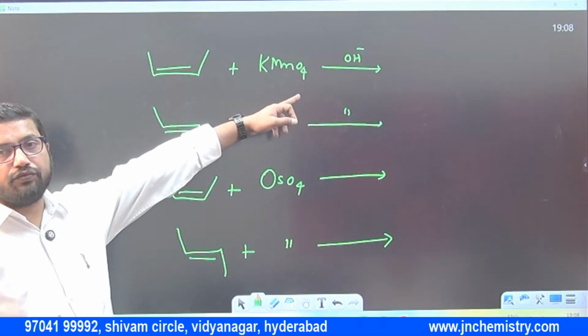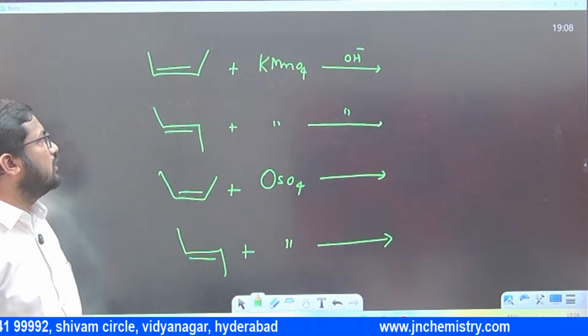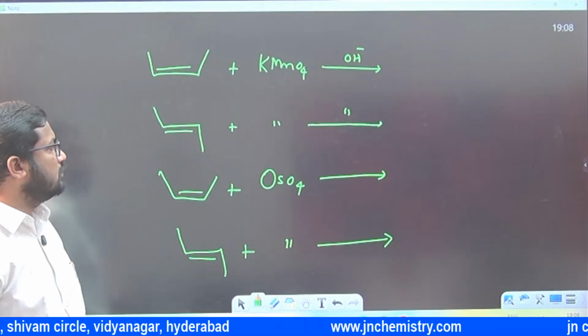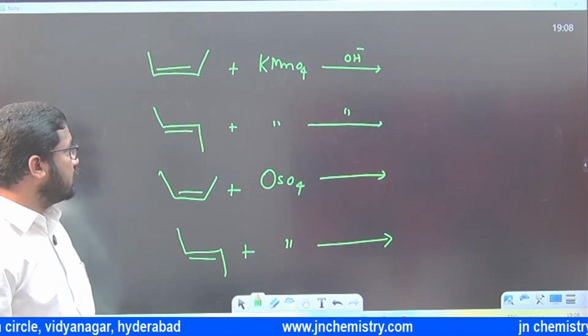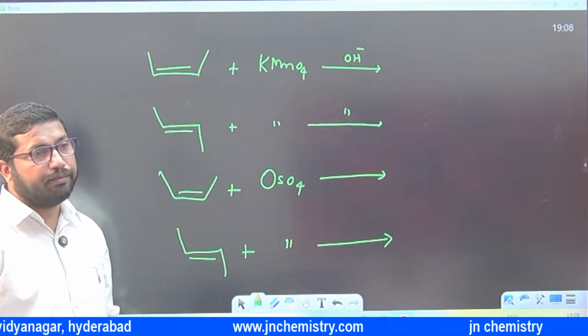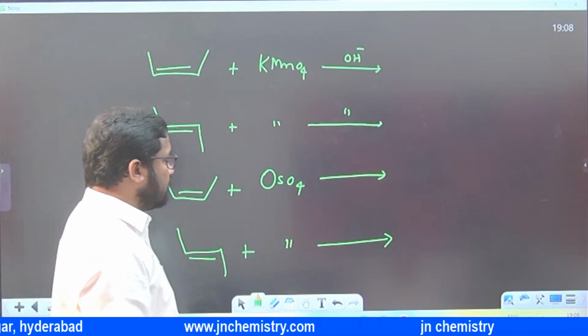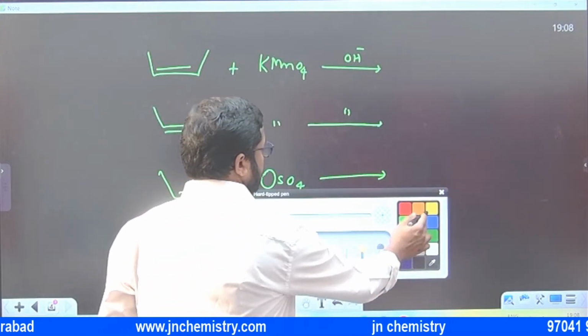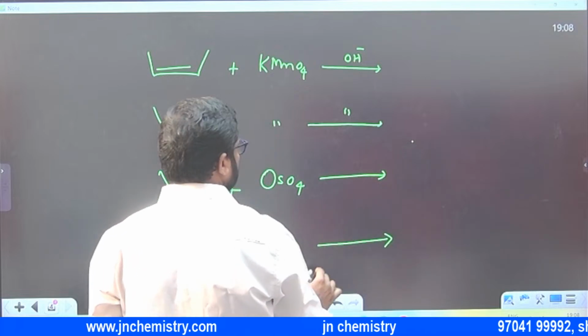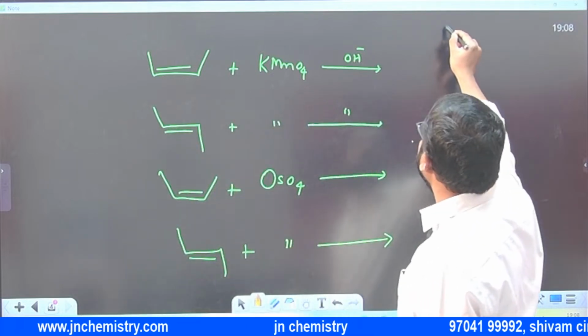This KMnO4 is syn addition. So cis, syn addition gives meso. What exactly is meso?